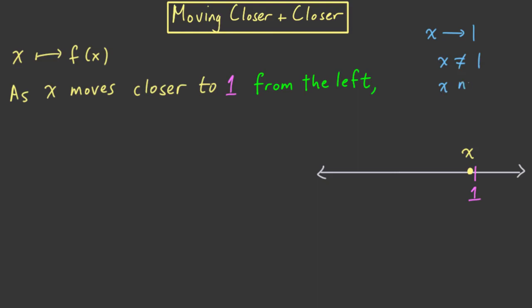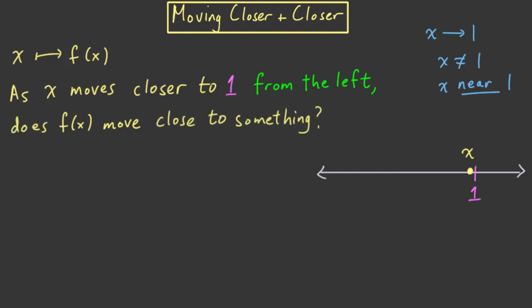We're only concerned with values of x that are near 1. Okay, now that that's said, as x moves, we know that the output f of x is also going to move. And so the question that we can ask is, as x moves closer and closer to 1 from the left, does f of x move closer and closer to some value of its own?